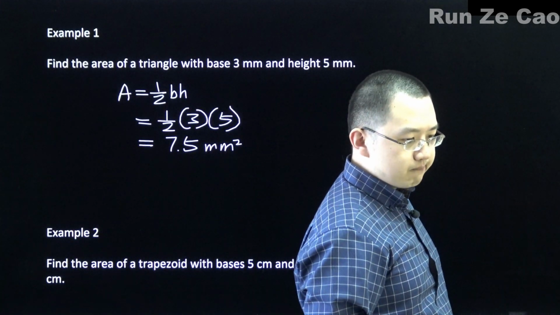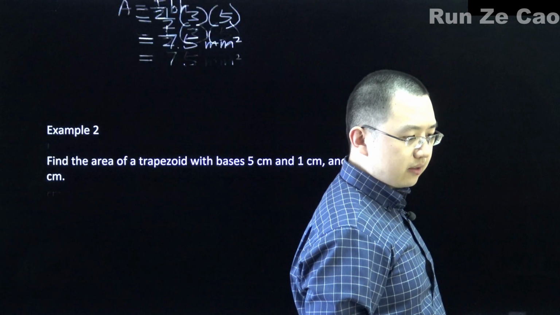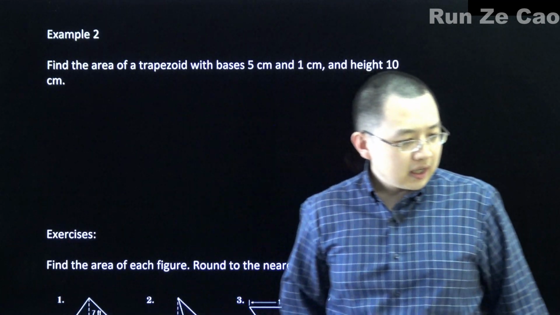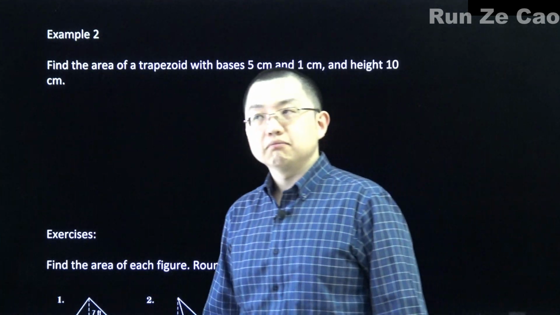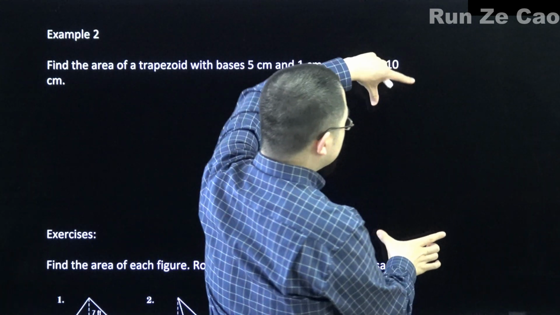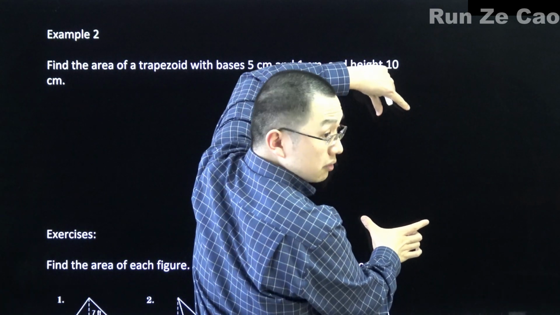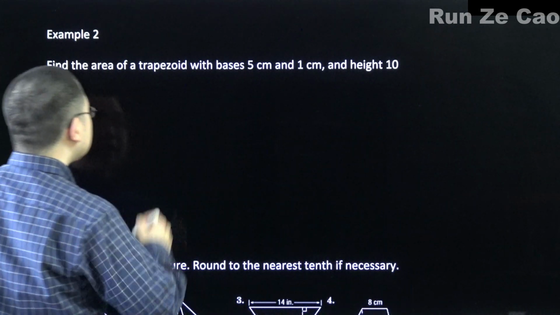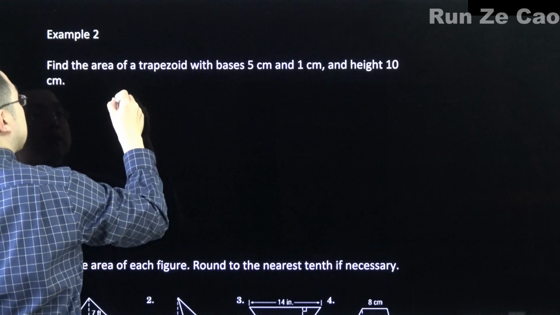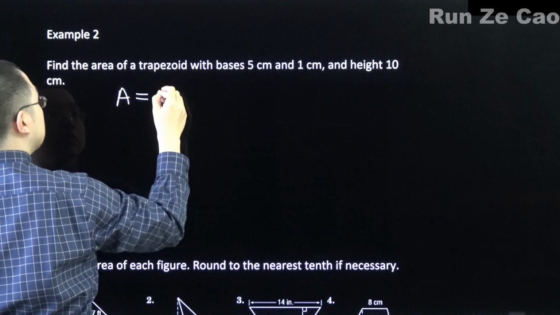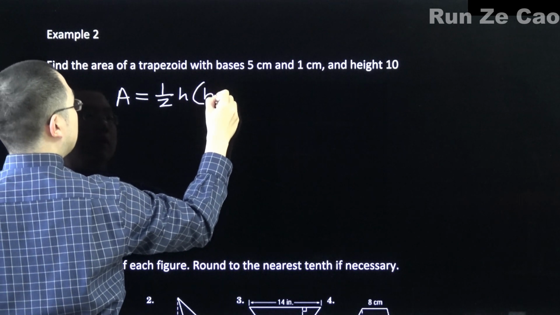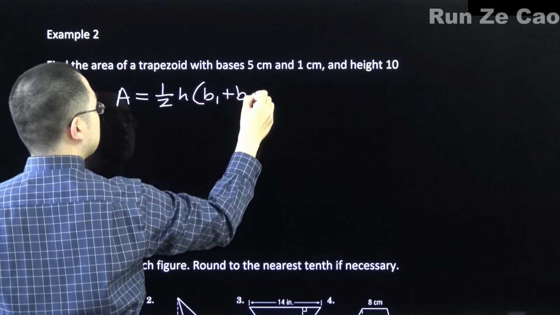Let's say we have a trapezoid with bases 5 centimeters and 1 centimeter and height 10 centimeters. So this is a pretty tall and narrow trapezoid. Okay, so the area is equal to 1/2 height times base 1 plus base 2.